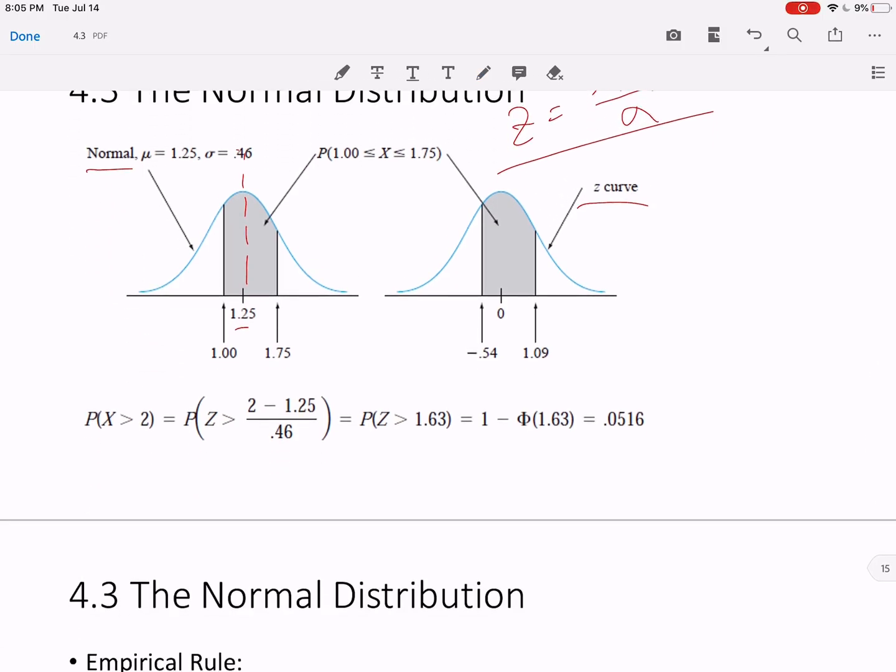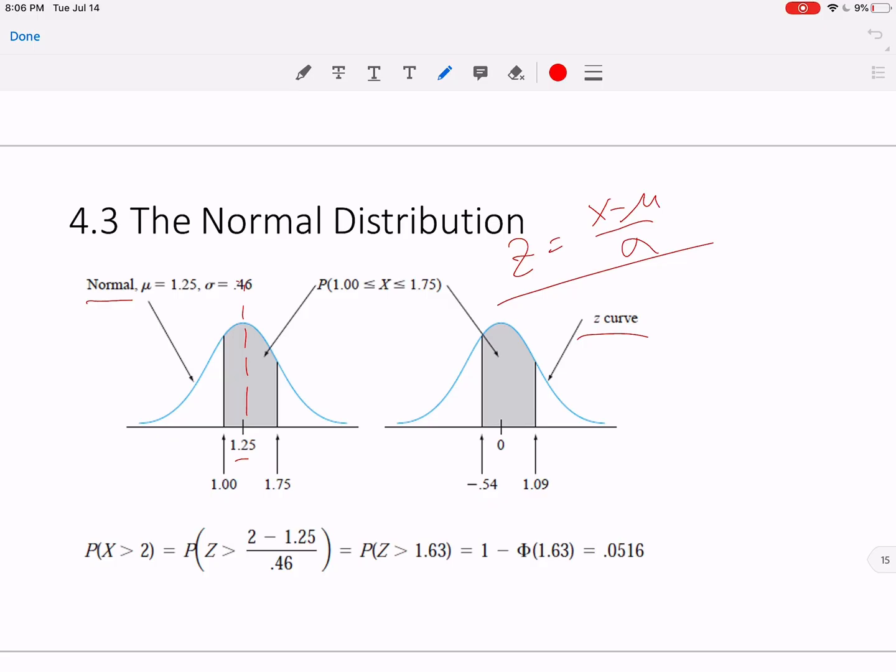All right, once this is clear, let's take a look at how to find the probability that x is greater than 2. Same thing: we standardize by applying the formula z is equal to x minus mu over sigma. So x is greater than 2, we subtract 1.25, which is mu, and then divide by sigma, 0.46, to accomplish the standardization.